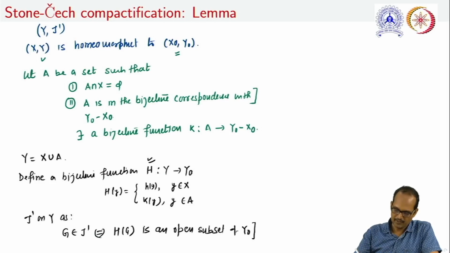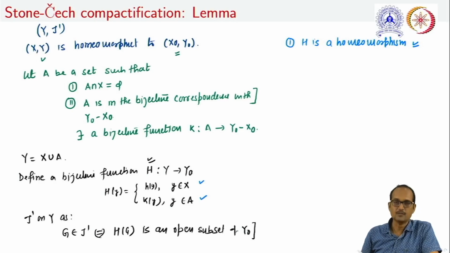Now from here, one thing is clear, that this H is a homeomorphism, as this map is bijective, and we can see how it is defined in terms of h as well as k.